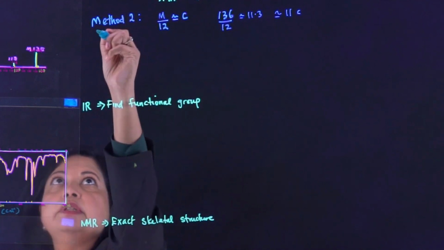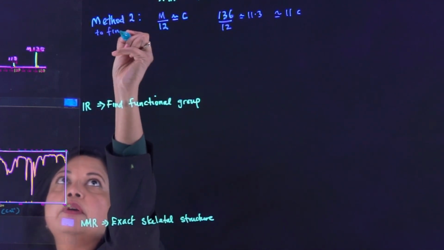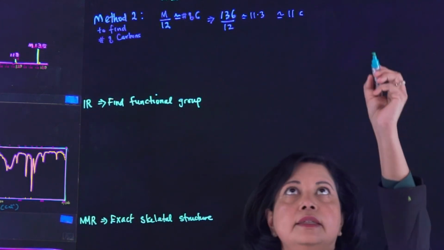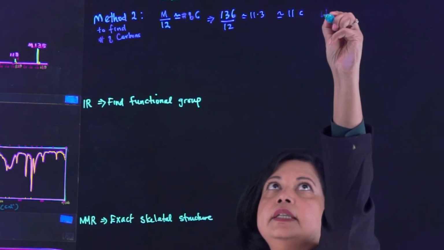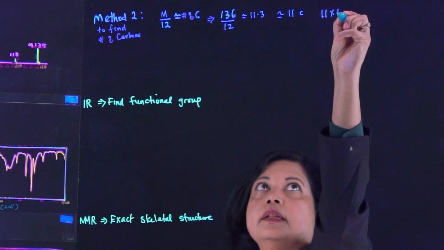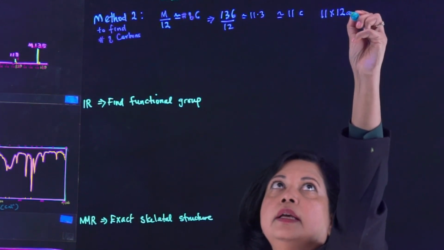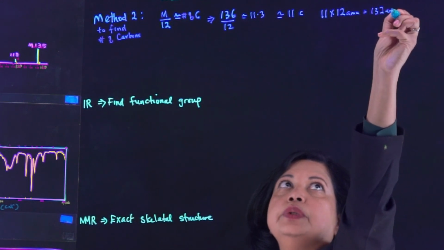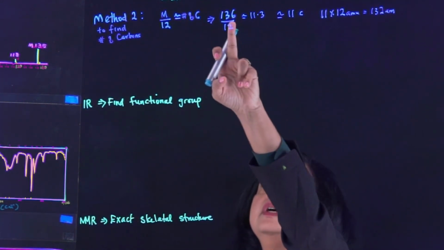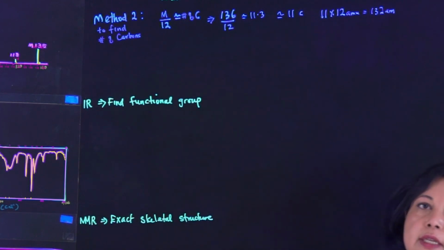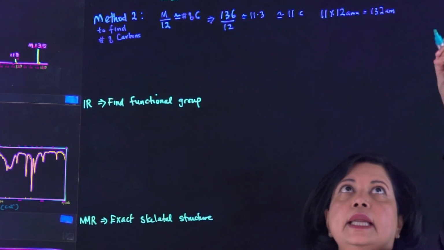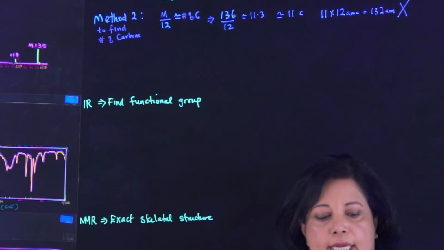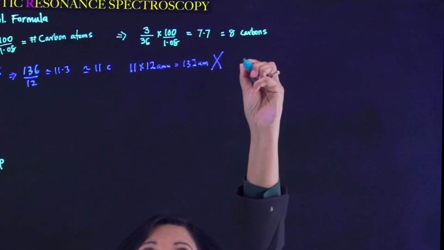So if it's 11 carbons, 11 times 12 AMU is about 132 AMU. So if you had 11 carbons, then you should have 4 hydrogens, which is kind of an absurd structure. So let's drop it down. So this is not correct. Could it be 10? So let's drop it down to 10 carbons.